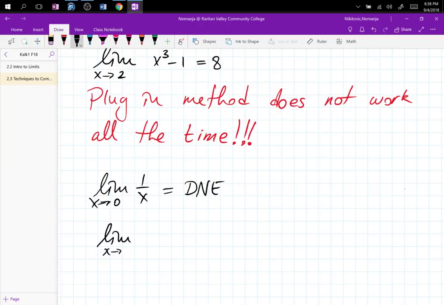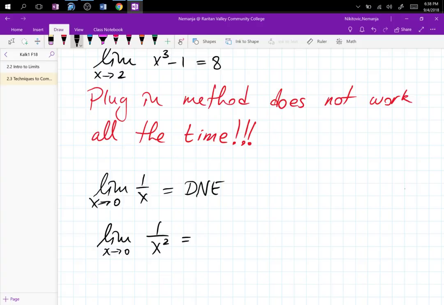Here's another situation that you can have. Is the limit does not exist? No. I see some of you are shaking your head no. And that's true. The limit does not exist.